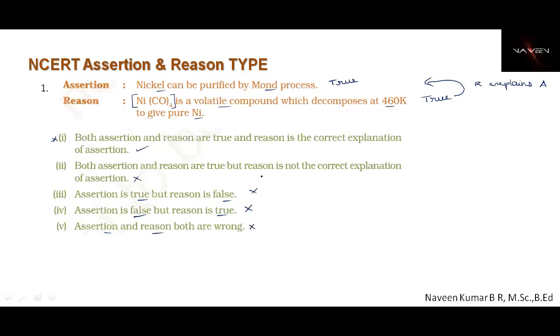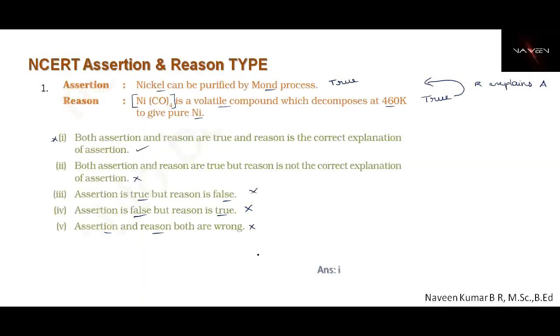Again, it is not correct. So hence, from the analysis of the two statements, assertion and reason, it states that assertion and reason separately are true statements, and reason can be considered as the explanation for assertion. So hence the correct option is the first option. Now we'll move into the next question.